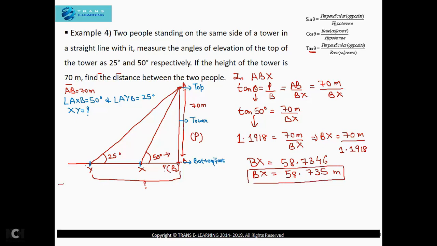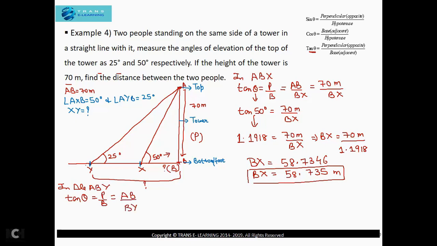Now I'm going to consider the bigger triangle, that is triangle ABY. In that also I will consider tan theta, which will be equal to perpendicular upon base. Here perpendicular will remain the same, that is AB, and the base will be equal to BY.